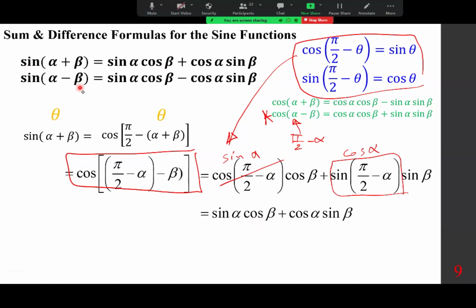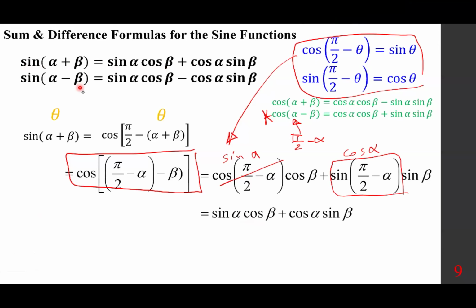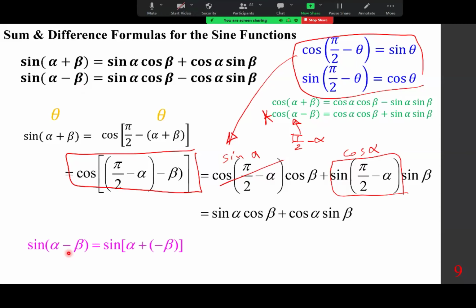Now, in order to prove the second one, we do the same thing here and we replace beta with negative beta. So sine of alpha minus beta is the same as sine of alpha plus negative beta.